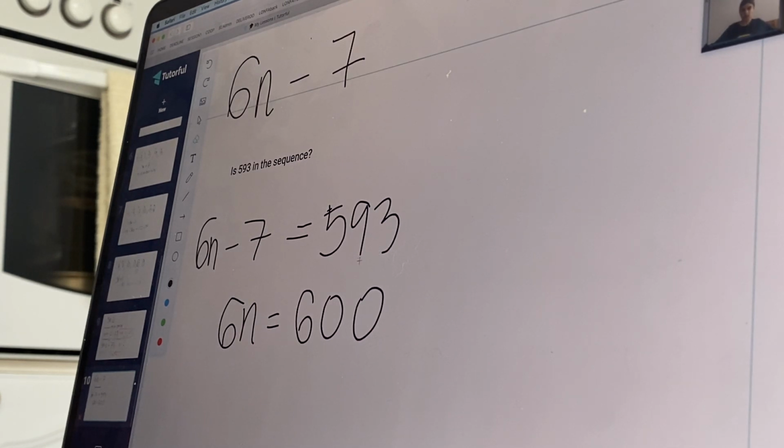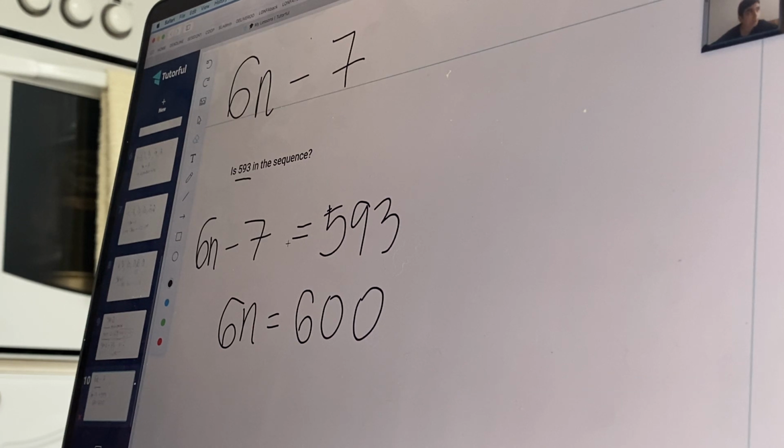What's n going to be equal to? We're trying to find what n is, aren't we? So we're saying that the nth term, 6n minus 7, is equal to 593.